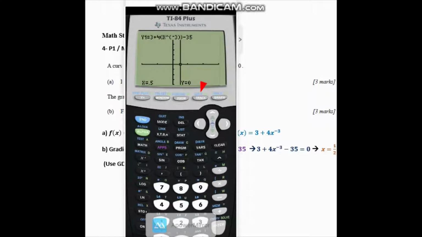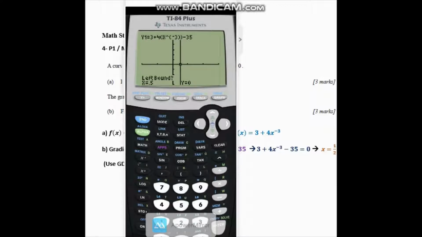I want to find the value of x for which this function equals 0. So in order to do so, I shall use a specific calculator operation that helps me do that. I shall click on second and then trace to get the calculator functions, and I shall click on 0, which is the second operation.